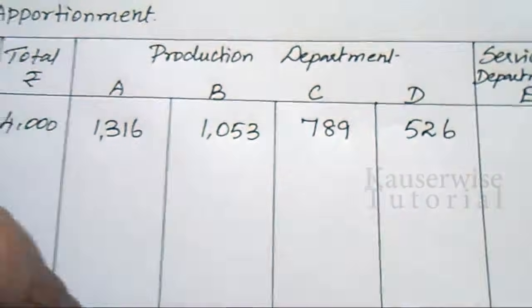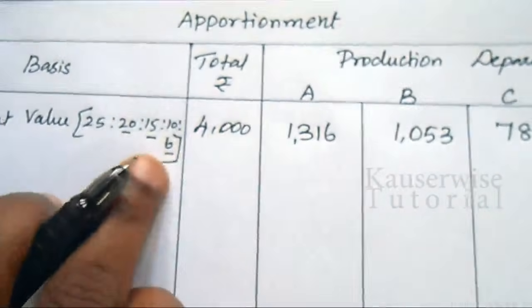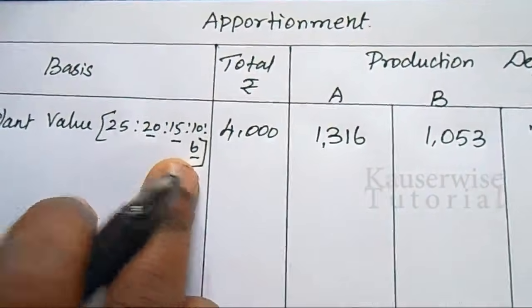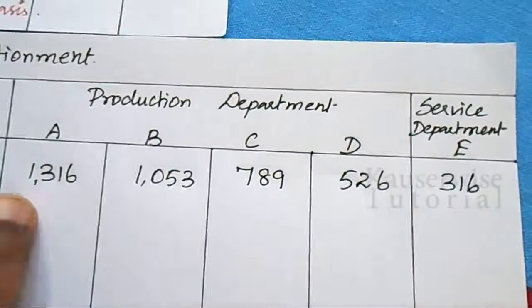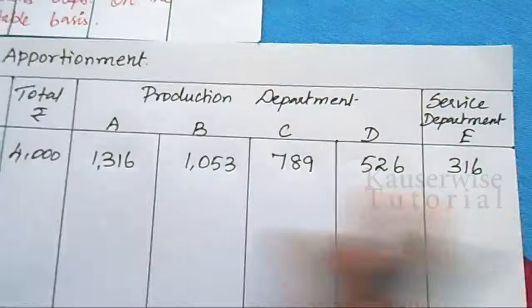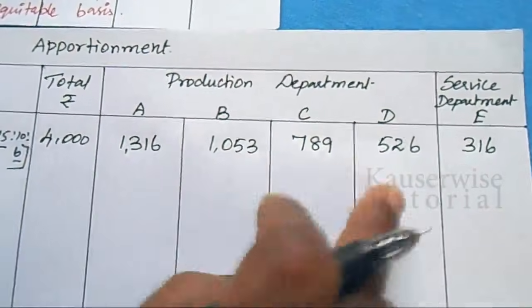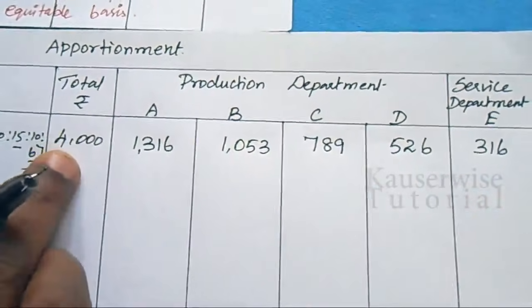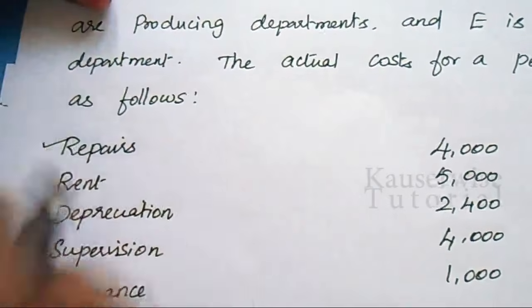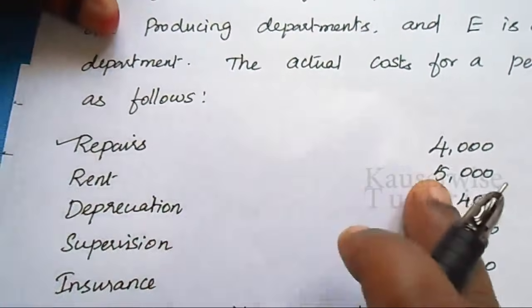For E, 6 is there, so 4,000 into 6 divided by 76 is 316. Now get the total and see whether it is equal to 4,000 or not. If not, you can easily round off any one value to get the exact 4,000. So repair we have entered, and the second one, rent, how much? 5,000.